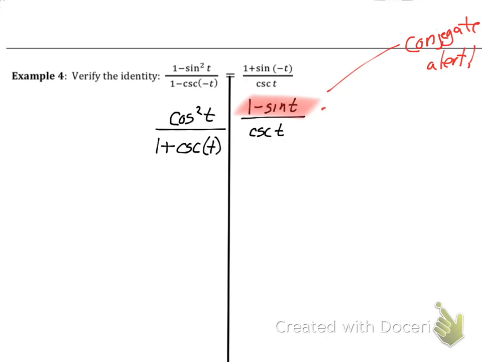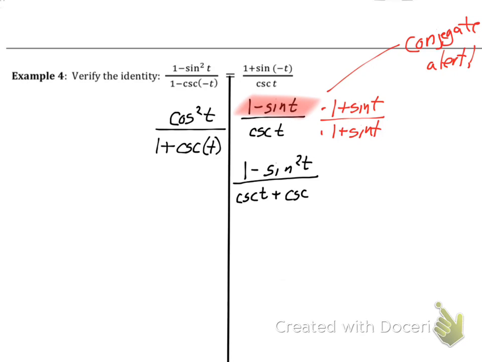If I multiply the top by 1 plus sine of t, and I multiply the bottom by 1 plus sine of t, this is going to simplify down to, well, it's a difference of squares, so it's 1 squared minus sine squared t, all over, and I'm going to distribute: cosecant t plus cosecant t times sine of t.